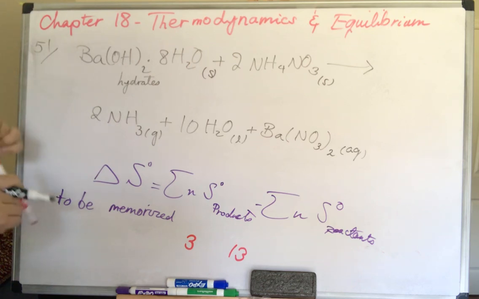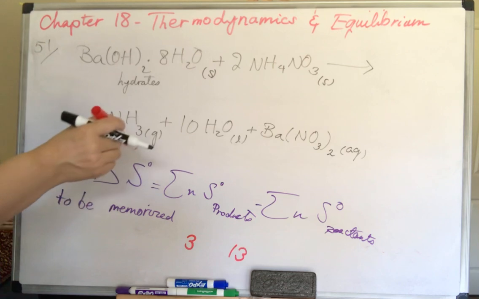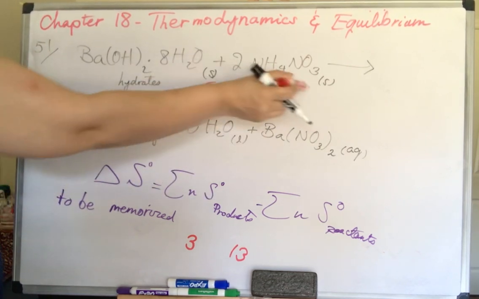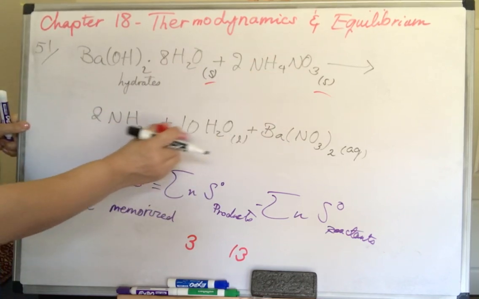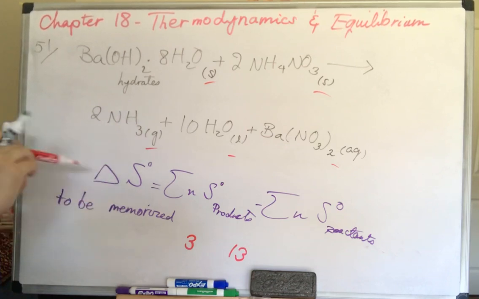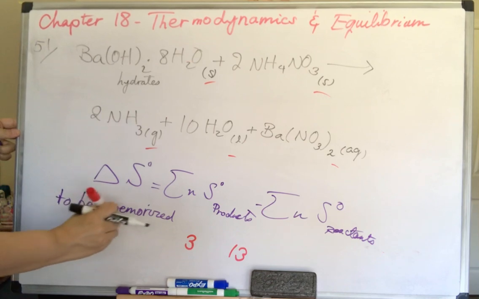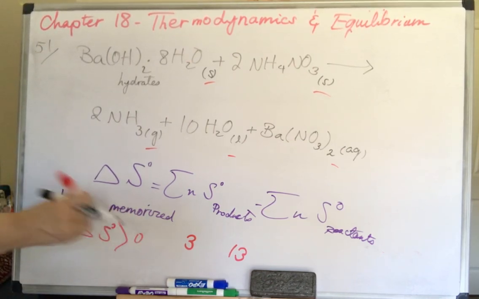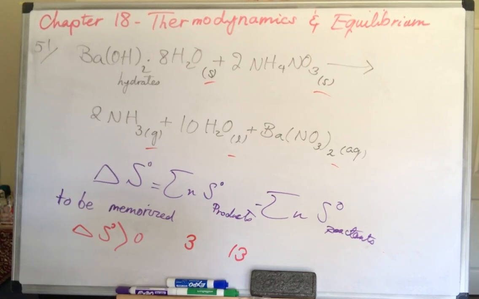And also you can say that here you just have solid, but you have gas and liquid and aqueous. Which one has more disorder? Which one has more movement? Of course the right side. So delta S for such a reaction is going to be positive. Delta S standard is going to be positive.